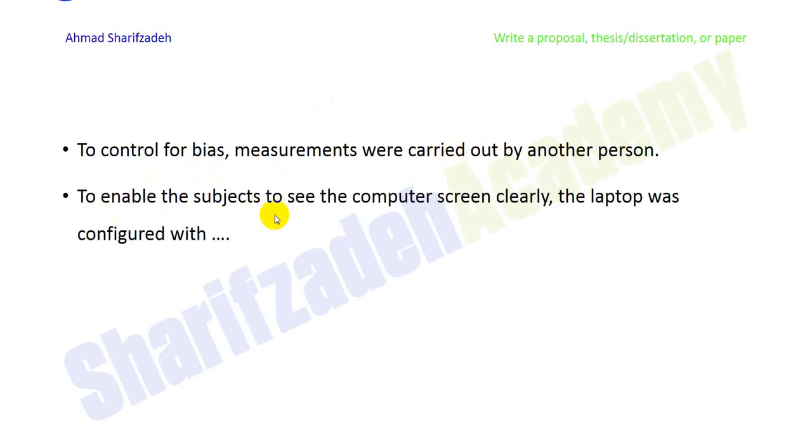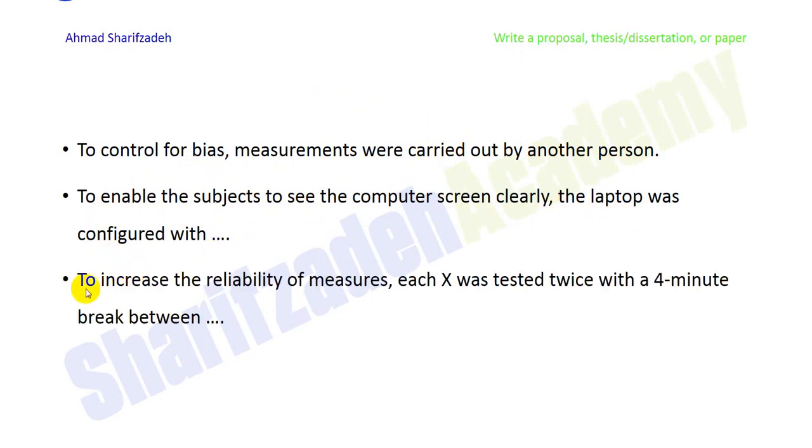To enable the subjects to see the computer screen clearly, the laptop was configured with something. To increase the reliability of measures, each X was tested twice with a 4-minute break between.